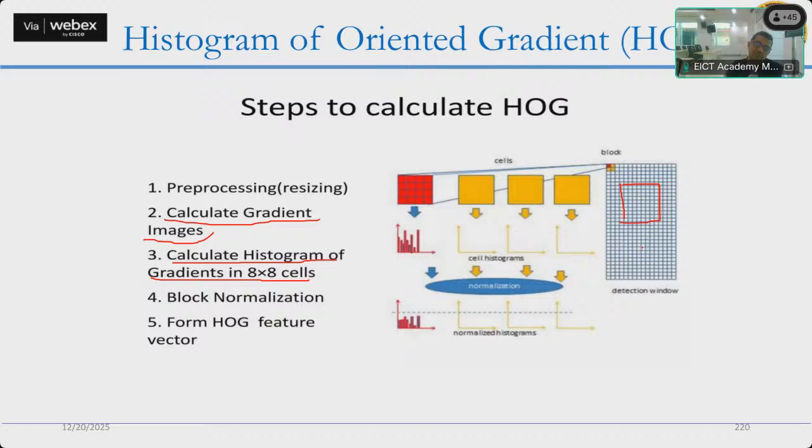So for example, if my image is 64 by 64, it means 8 and 8, so my feature vector will be of length 16. Right. So in this way, we are able to form a HOG feature vector. Feature vector means it tells its dimension, for example 50 by 1.